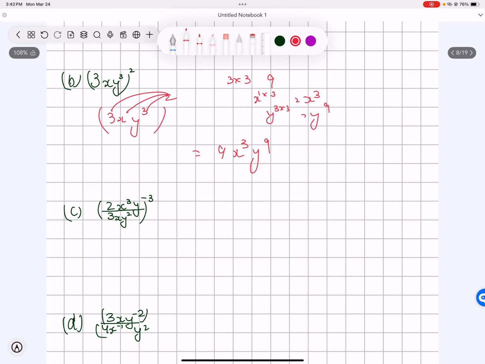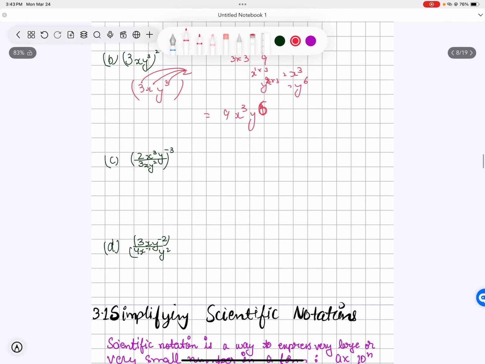So the final answer is 9x^3 y^9. No, wait, that's going to be a power of 6. I'm actually making so many mistakes. If we multiply 2 by 3, that's going to give us 6. So it's going to be y to the 6.